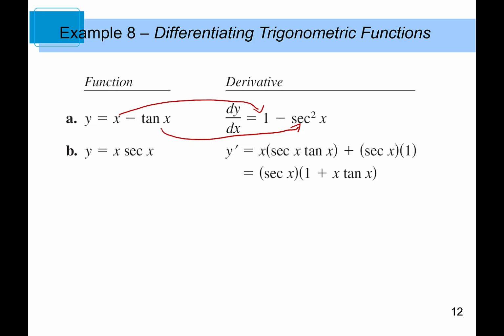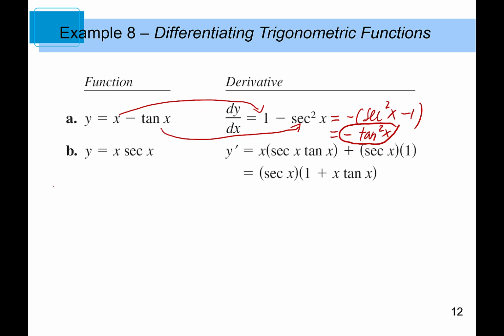Actually, we can simplify this a little bit if you want to. Factor out a negative sign, so that secant x squared minus 1 becomes tangent x squared. If you want to simplify into a single trigonometric identity, you can do that.